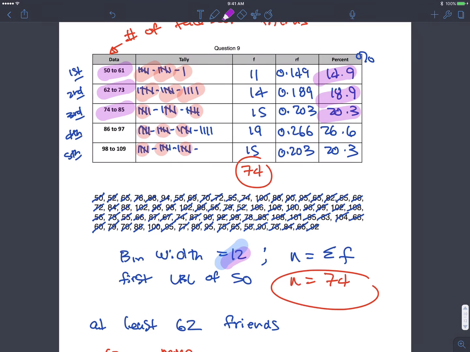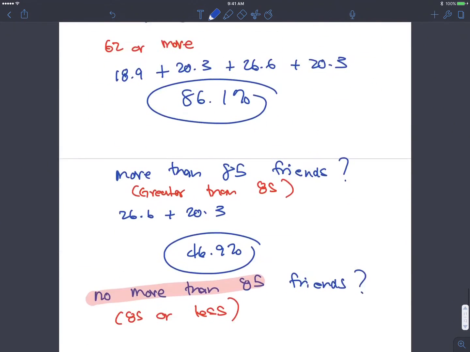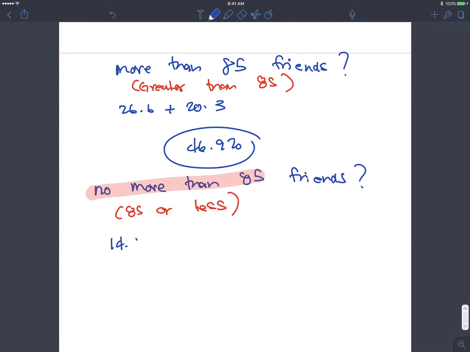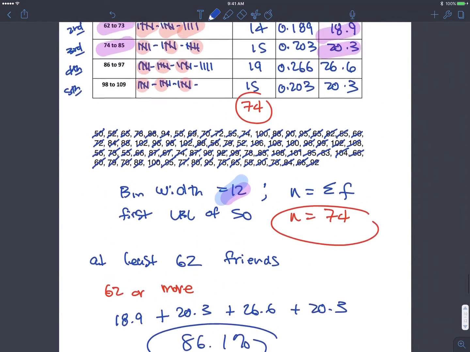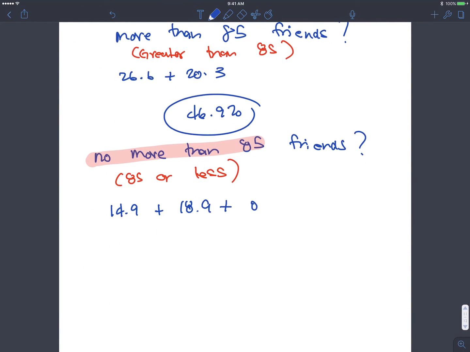Take 14.9 plus 18.9 plus 20.3, and we end up with 56.1%.